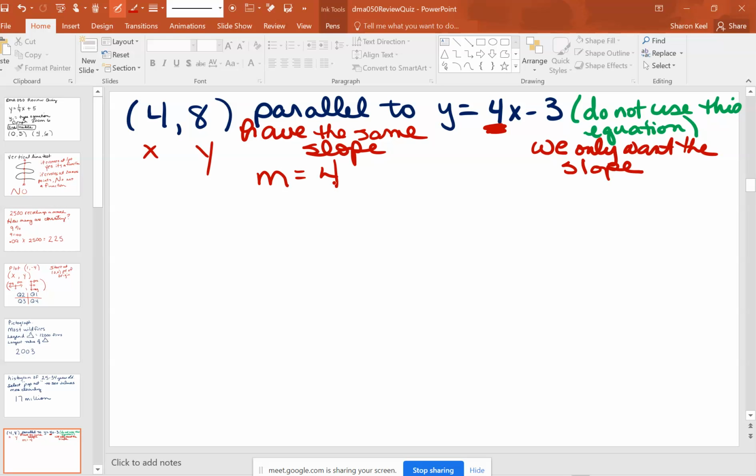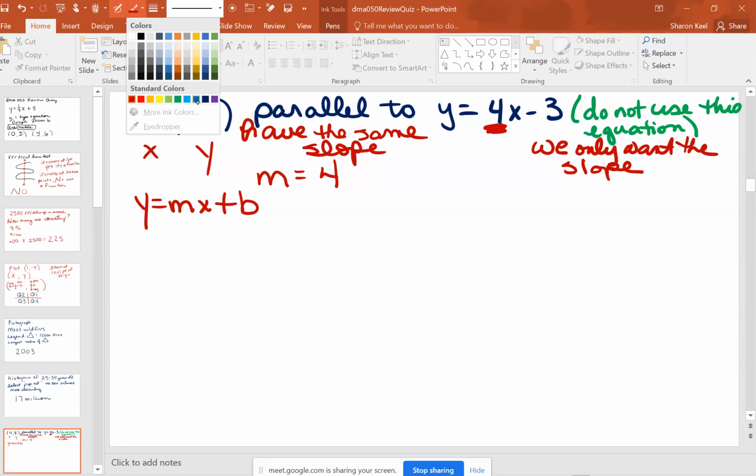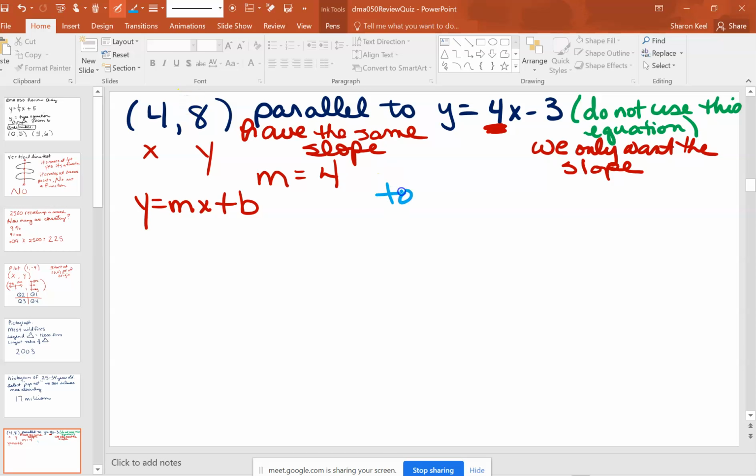Now, ultimately, we want our equation to be in this format, but in order to do that, we're going to have to solve for b. To solve for b, we are going to plug in m, x, y.